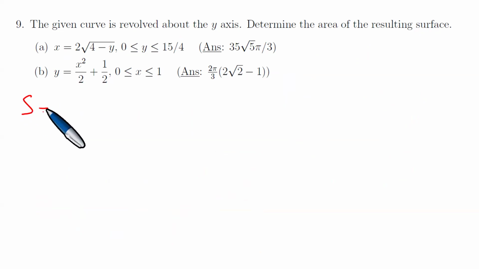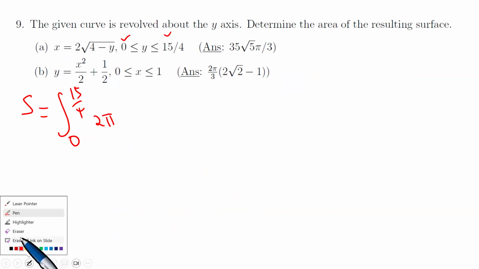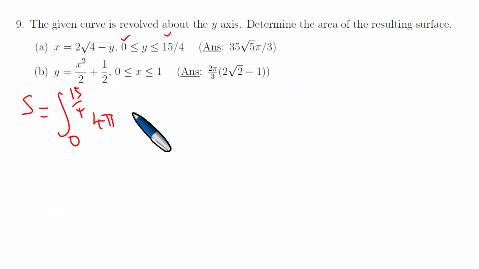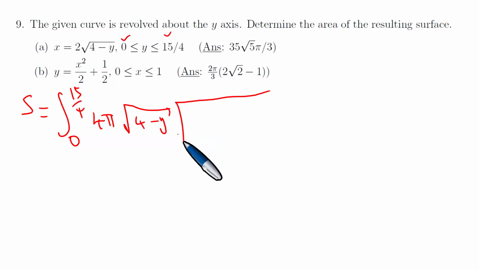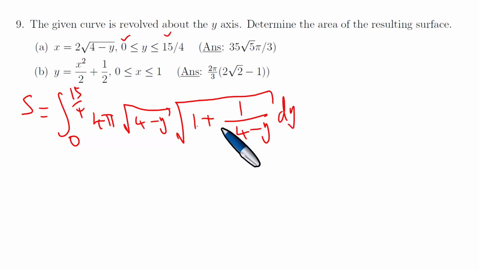Finding the area of the surface is the integral from 0 to 15/4 of 4 pi the square root of 4 minus y, times the square root of 1 plus 1 over 4 minus y, dy.